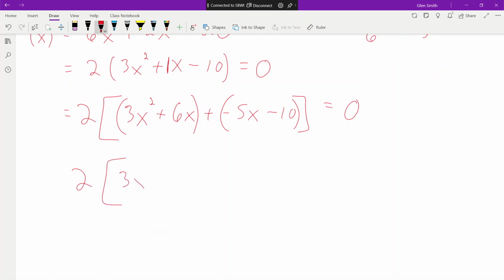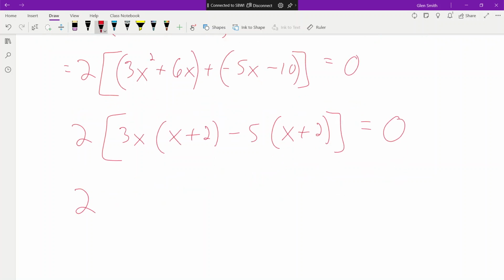From the first set of parentheses, we can take out a 3x, leaving us with x plus 2. From the second, we take out a negative 5, leaving us with x plus 2. And that 2 is just hanging out up front, don't let it bother you. That means there's an x plus 2 and a 3x minus 5.